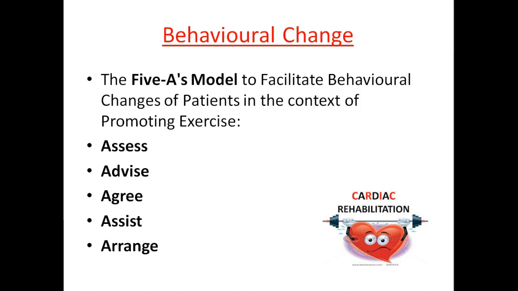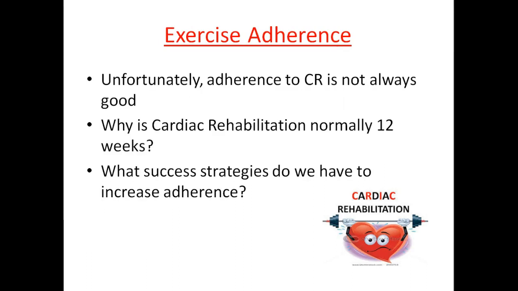Then we're going to give some advice about what they should do in order to live a healthier life. Then we want them to agree with the fact that that's probably a good idea. Then you're going to assist them to help them reach their goals, and then we're going to arrange the next appointment so that you can follow up and make them take responsibility and accountability for their new behavior.